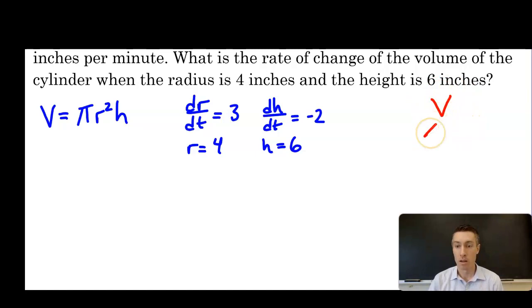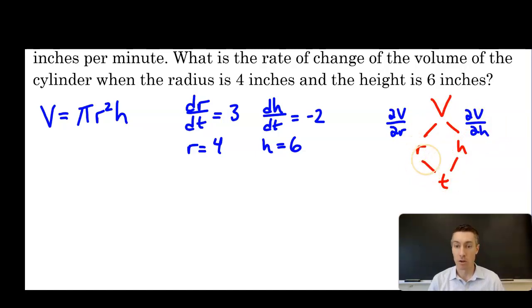So volume is a function of the radius and the height, and we're treating radius and height. And actually, let me just show you another way we can do this one. Okay, radius and height are both a function of t. So anytime multiple branches are coming off, that's partial derivatives. Okay, so we'd have the partial of v with respect to r and the partial of v with respect to h to go down those first two branches.